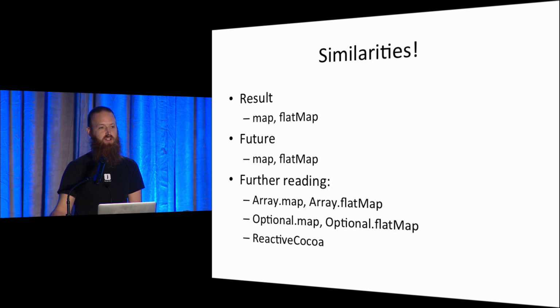And if you really want to get adventurous, after your team has invested time in learning about results and learning about futures, then you can go forth and adopt Reactive Cocoa, which is written by some people that are much smarter than me, that have thought much more deeply about this problem and have really provided a really good solution to the general case. I still think that it's important to take these incremental steps because it allows your team to really internalize the reasons behind these changes and paves the way to using Reactive Cocoa.